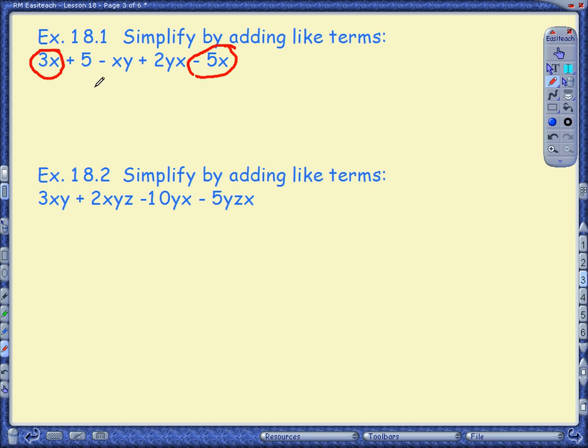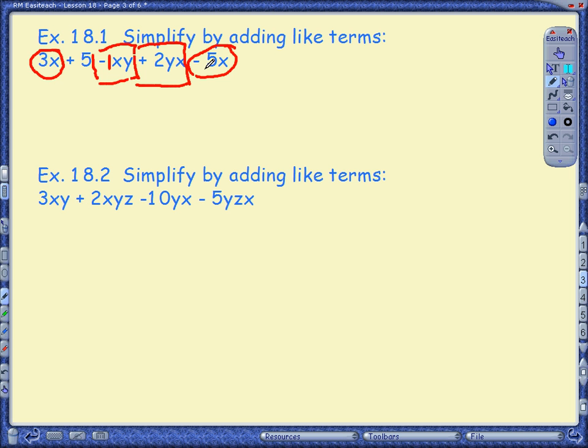That's a constant. There are no other constants. xy has a negative in front of it, but I'm going to put a 1 there just to remember that it has a negative 1 in front. And then I'm going to put a box around that, and I'm going to put a box around the positive 2yx.